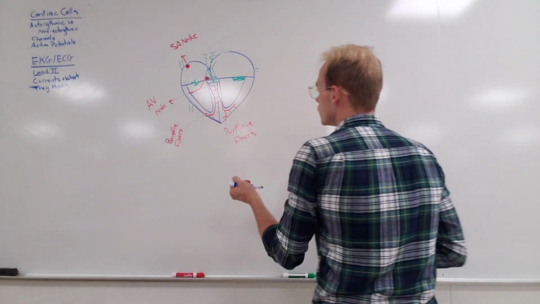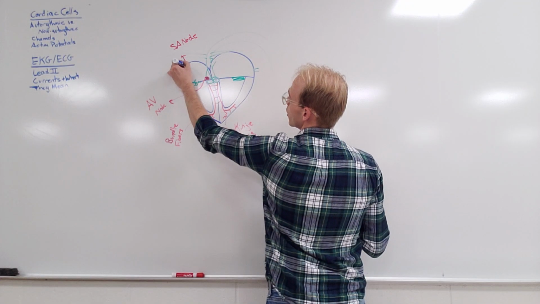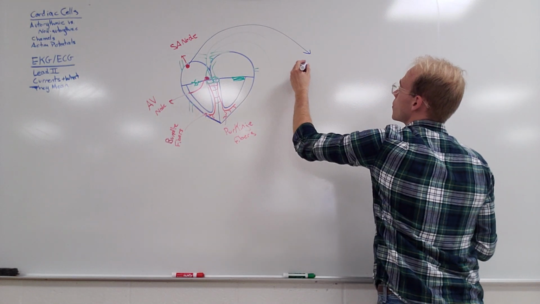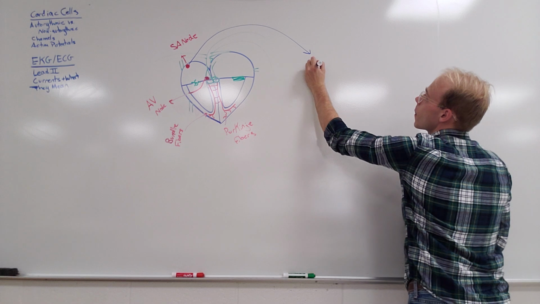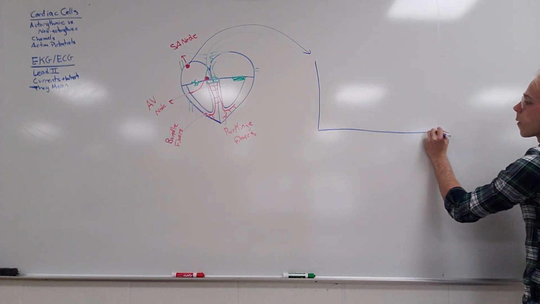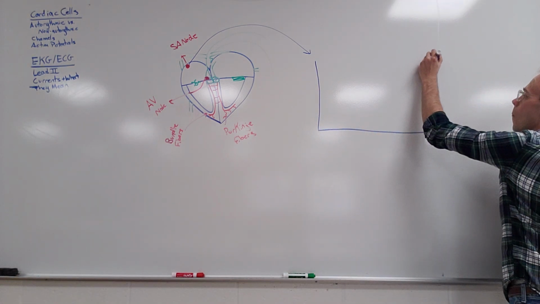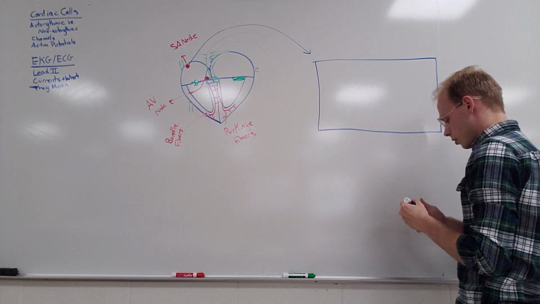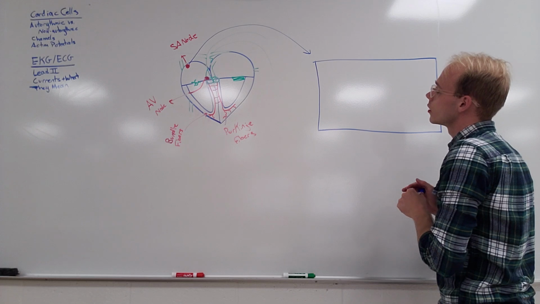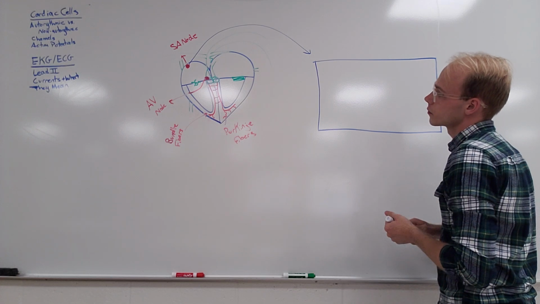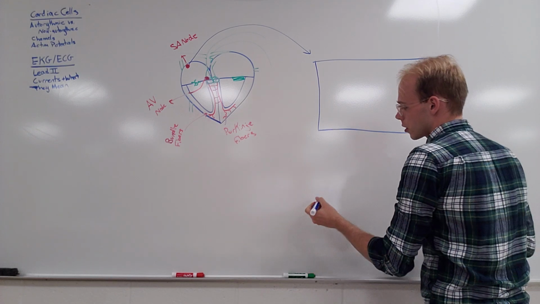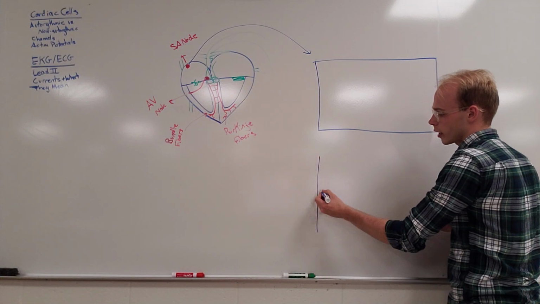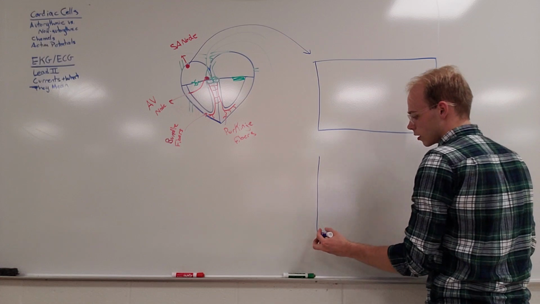If I were to draw just one of these, say I took one of these SA node cells and just blew it up really big. Okay, so these ones have several channels, and I'm going to draw what the action potential diagram would look like normally for these.